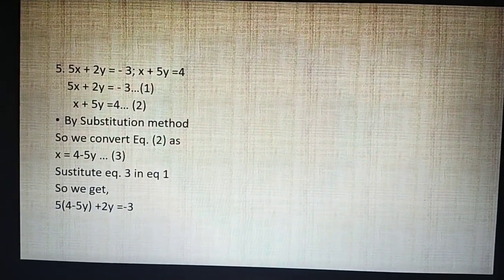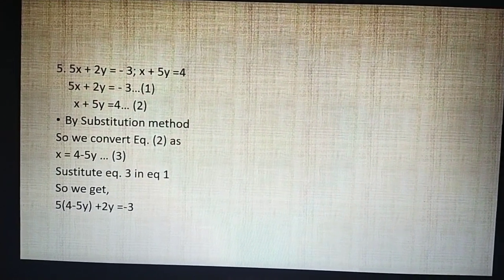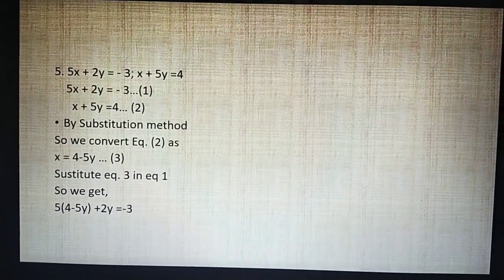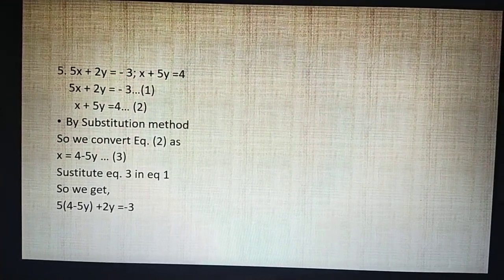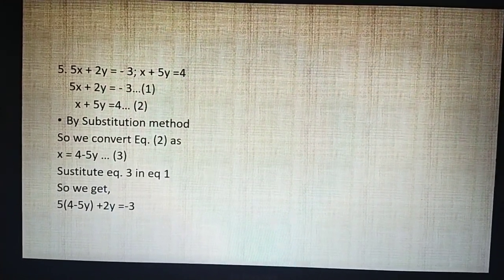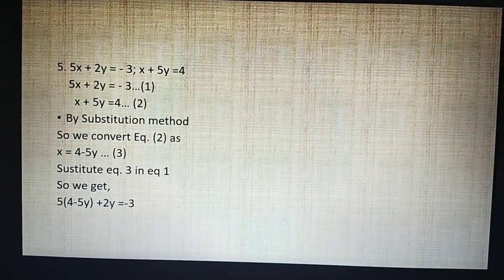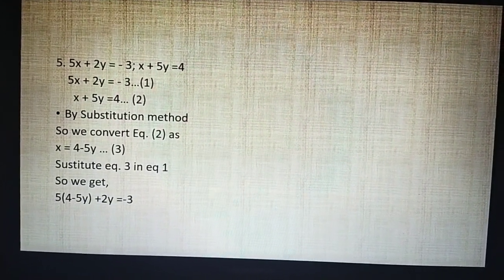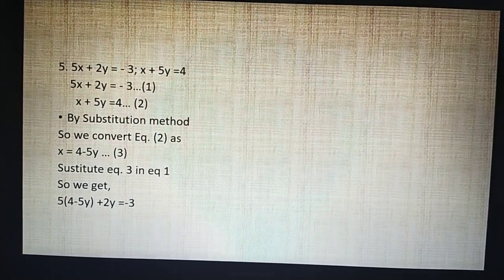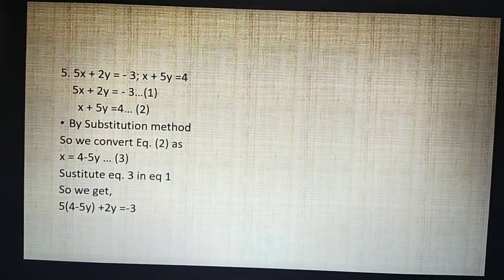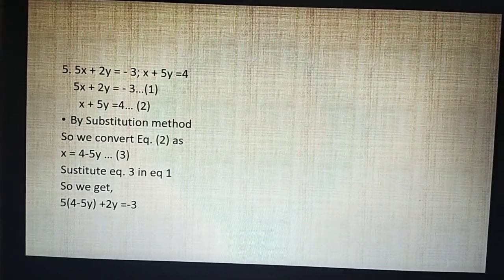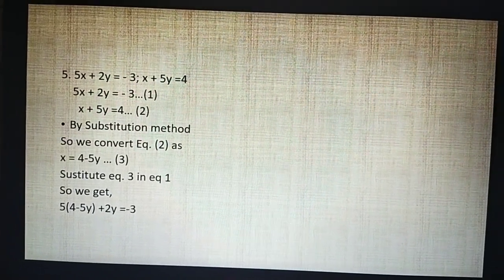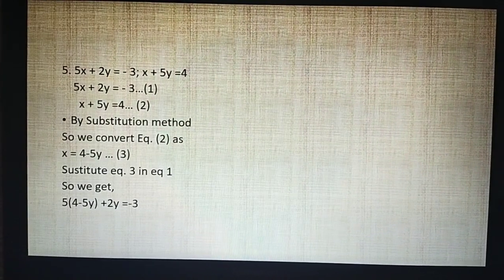Now what is the value of x in equation 3? It is 4 minus 5y. Okay, and what is next? Plus 2y. From where do those 2y come? Yes, it's already in equation 1. So 5 times 4 minus 5y, which is the value of x, plus 2y equals to minus 3. Have you all understood this step?